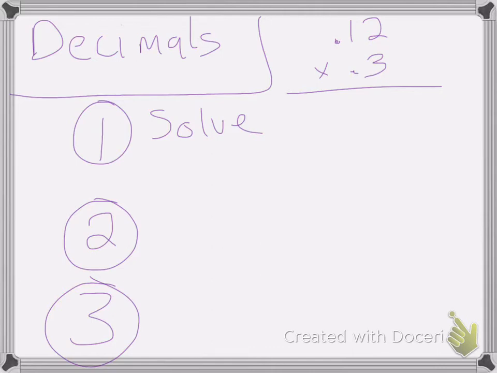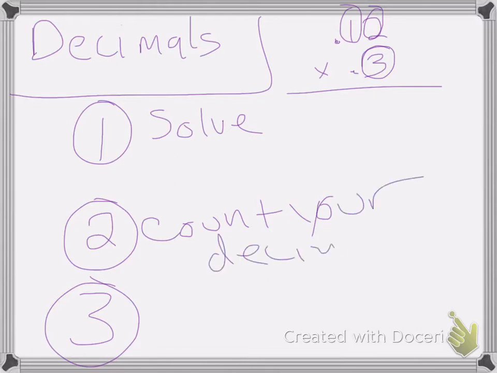Then, count your decimals. We've got 1, 2, and 3. So you have 3 numbers behind decimal places. So count your decimals. After you've counted them, I'd write that number off to the side so you know how many times you need to move your decimal.